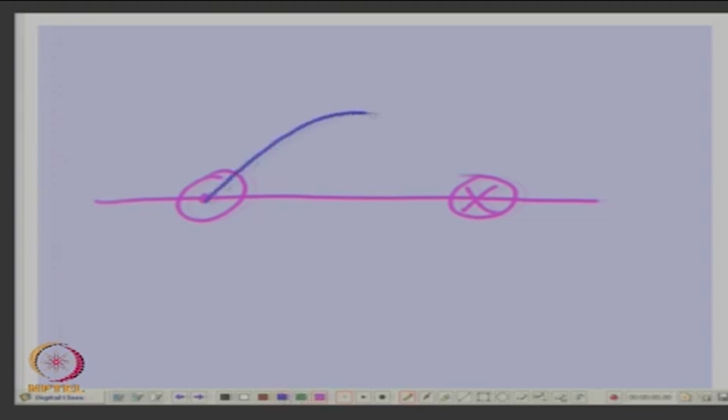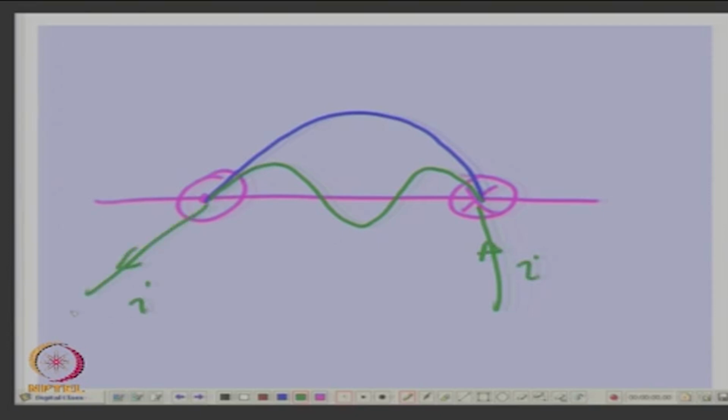So, it will have the fundamental, and it will have the third harmonic MMF wave, etc. But you pass a current I in the windings, I equal to I max cos omega t, a sinusoidal current you are passing.